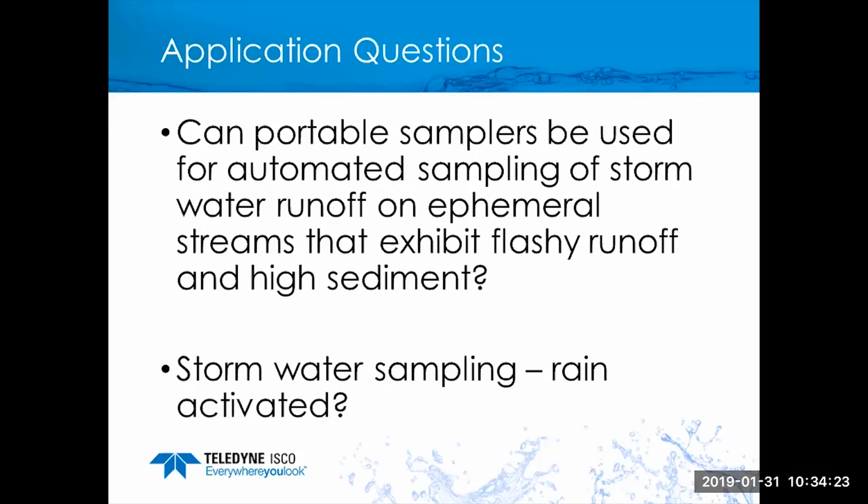Again, we also often find the need to add in the measurement of flow, or more importantly, depth, so that we can track the amount of water that's going by, and that can be used in post-analysis of the sample collection to determine the amount of flow, and then correlate that to what was found in that particular sample that was collected at that moment in time.